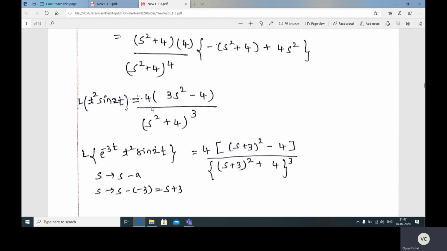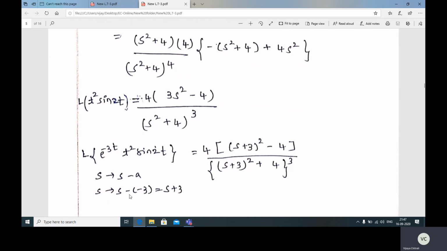Next, this is the Laplace transform of t² sin 2t, or f bar of s. So we want the Laplace transform of e^(−3t) t² sin 2t, right? We need to apply the shifting property here, so s changes to s − a. In place of a, what do we have here?